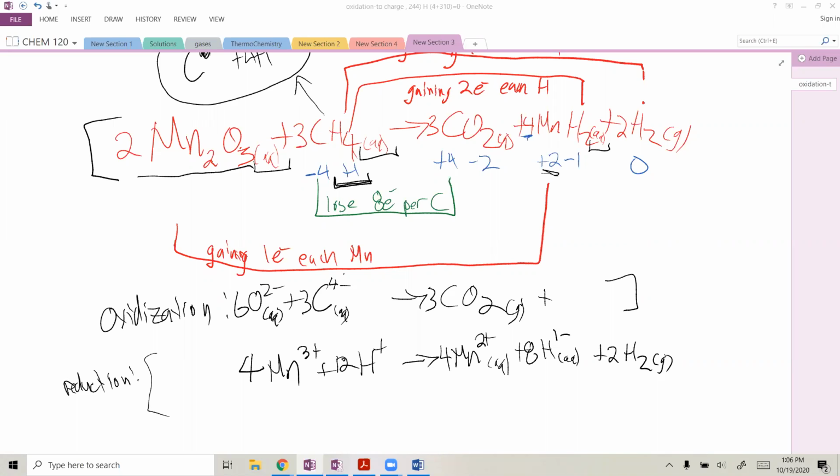So as you start to fill these in, how many total electrons should we have transferred for this top one now? If we have 6 of these oxygens and 3 of these carbons going to 3 CO2, how many electrons does that whole process give away now?